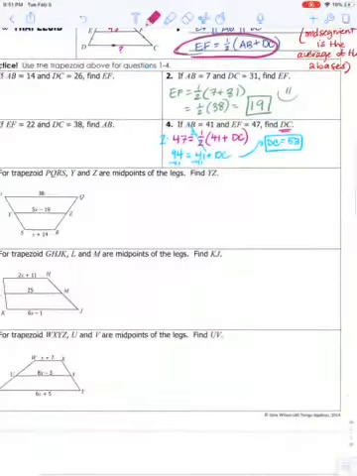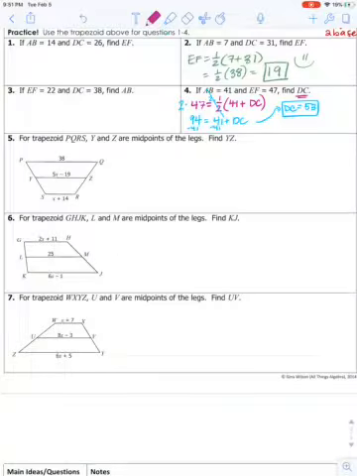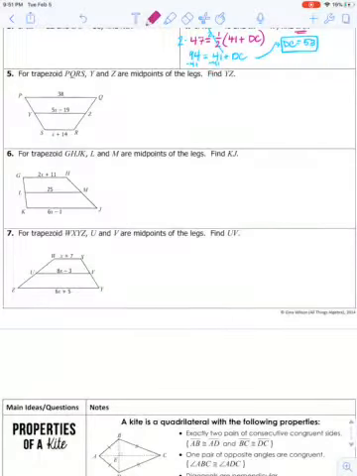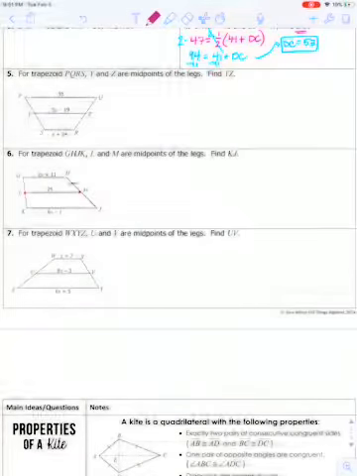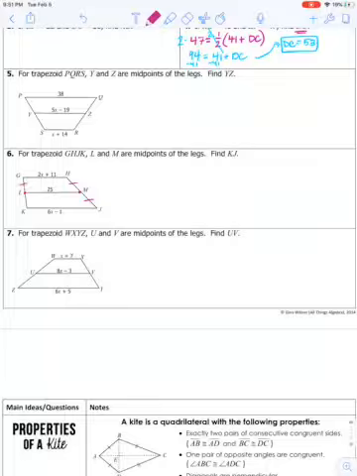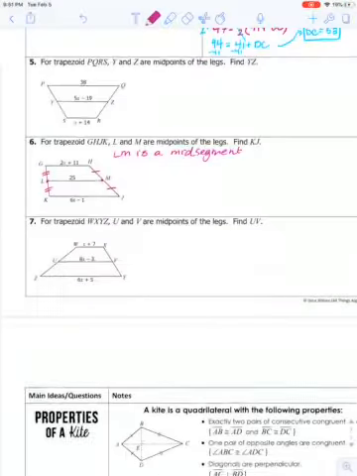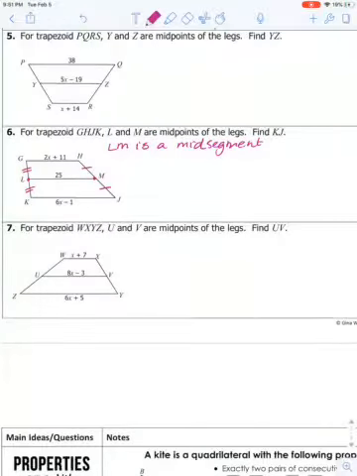Alright, let me skip to number 6, because like I said, I'm doing the evens. For this trapezoid, L and M are midpoints of the legs. That tells me LM is a mid-segment. Find KJ. I know I'm going to have to find x first, setting up with the formula.